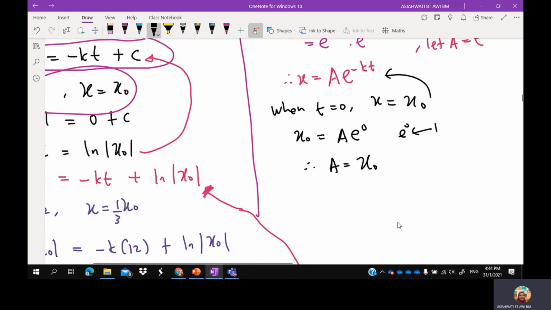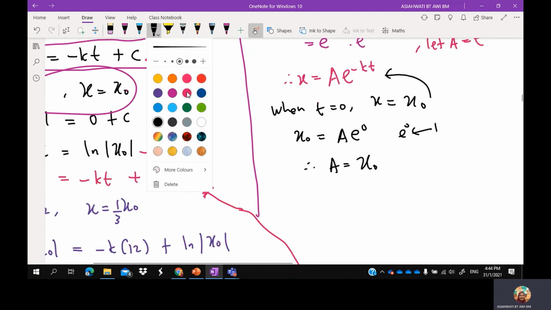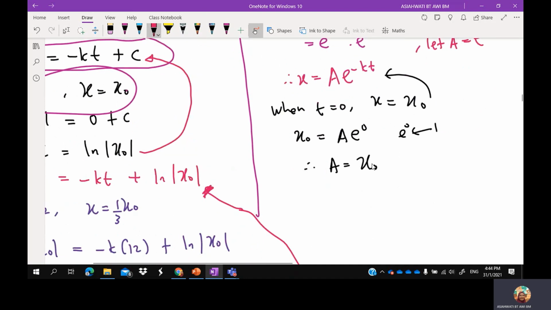Then substitute a equals x naught into this equation: x is equal to x naught e power negative kt. Settled. The first info is to find a, like finding c.